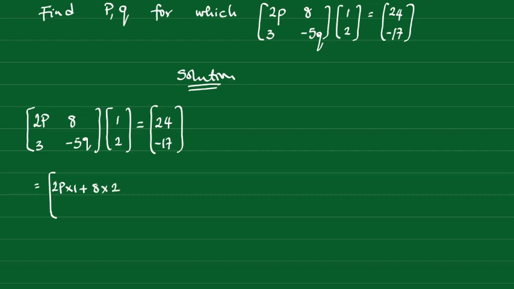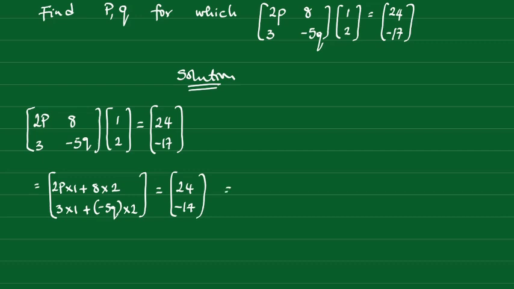We move to the bottom and we have 3 times 1 plus (-5q) times 2) is equal to (24; -17).